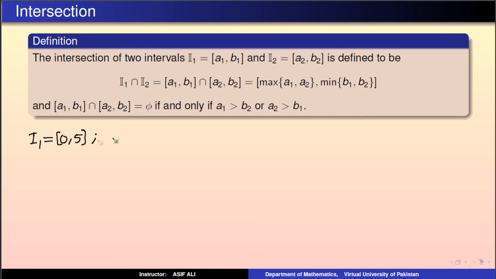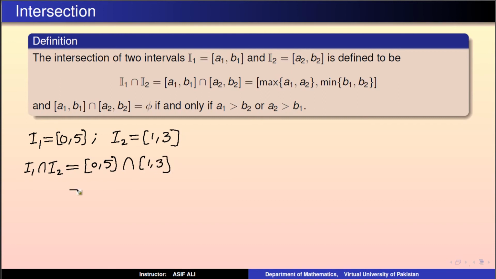एक और एग्जांपल देखते हैं। इसमें हमारे पास I1 = (0, 5), I2 = (1, 3). Then I1 ∩ I2 = (1, 3), which is equal to maximum of 0, 1 is 1 and minimum of 5, 3 is 3. अब इसको ड्रा करके देखते हैं.